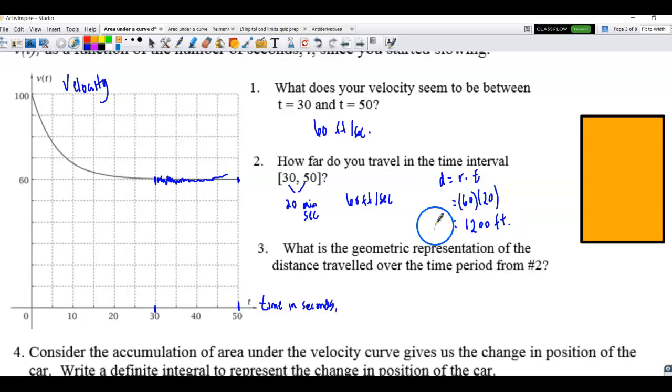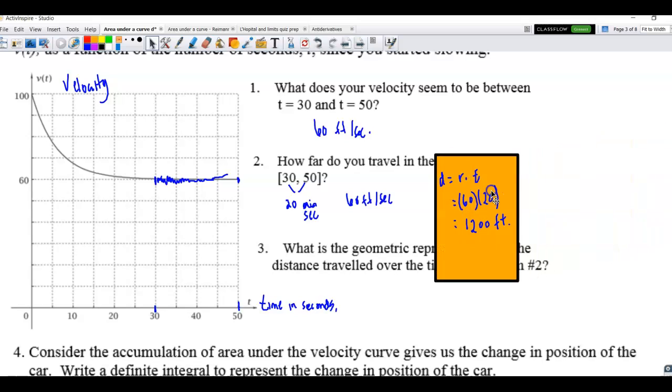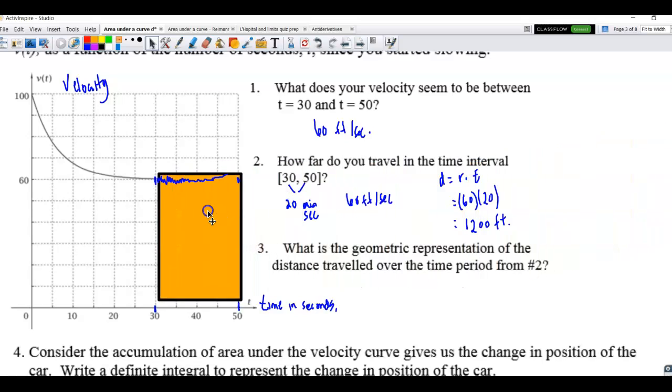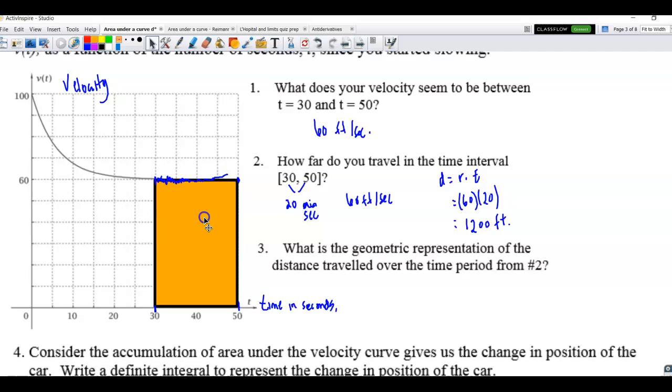Now let's think about the geometric representation of the distance traveled over the time period from problem number 2. Over here on the right hand side I have a rectangle, and it's going to be pretty cool. I'm going to slide it right over here. Notice how that rectangle seems to perfectly fit that region under the curve.